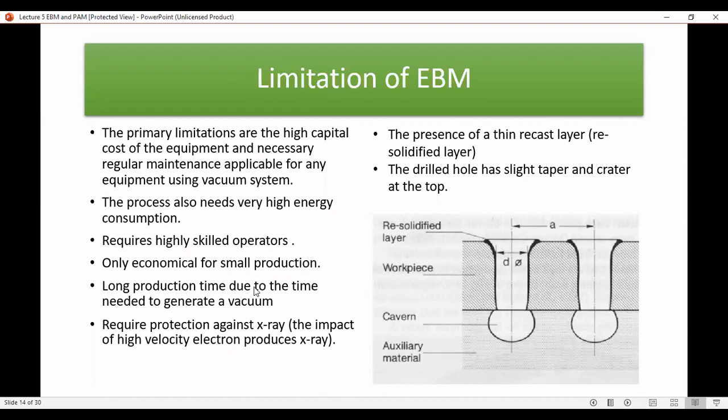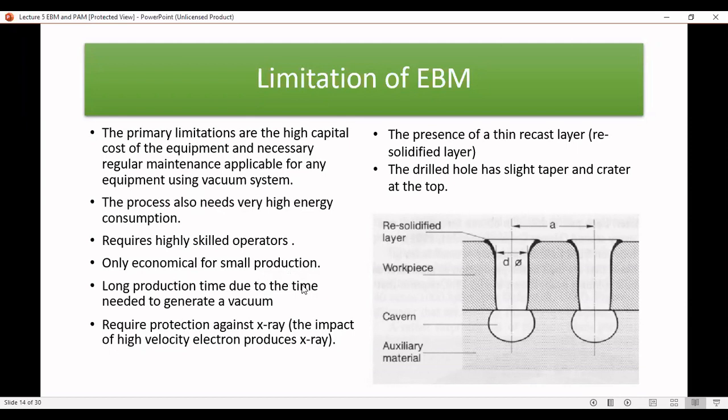Long production time due to the time needed to generate vacuum. So basically, for this to happen, you need to create a vacuum inside the chamber of up to 5 millitorr, 5 times 10 to the power of minus 5 torr.